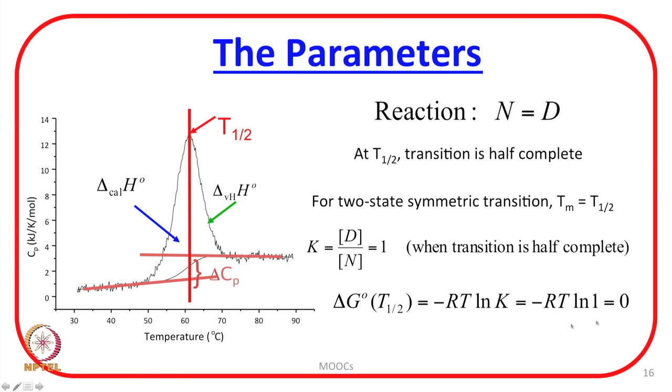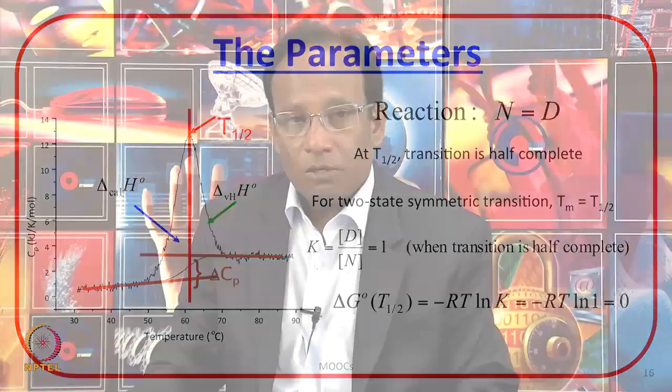And this information, that delta G naught at transition temperature T half, let us remember, we will call this the transition temperature, is 0. We will use this information extensively in getting the temperature dependent thermodynamic quantities, especially related to the folding unfolding processes in proteins.